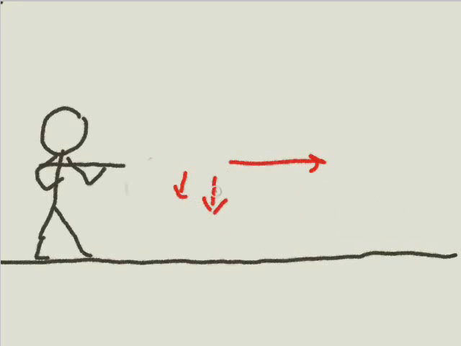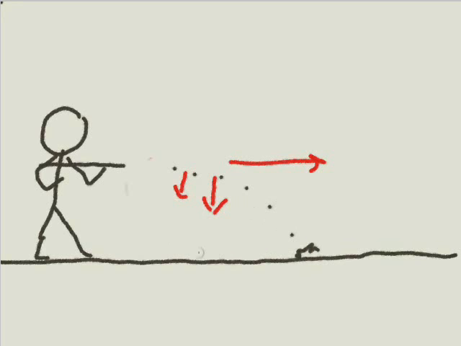And gravity pulls the bullet down towards the ground. Now, of course, it's not towards the ground so much as towards the centre of the Earth. So the actual trajectory of the bullet is such that it falls in a parabola until it hits the ground. And that's simply because gravity is pulling it down towards the centre of the Earth.